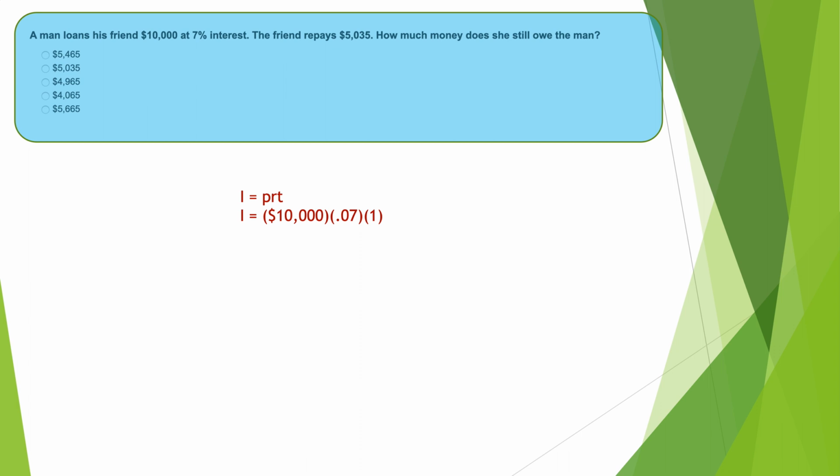They really still should have done a much better job in terms of saying how many years it was. So that's $700. But remember, the amount you have to pay back is the amount you borrowed plus the 700. So altogether, you owe 10,700. And if you subtract the 5,035, that leaves you with 5665, and that is the last choice up there.